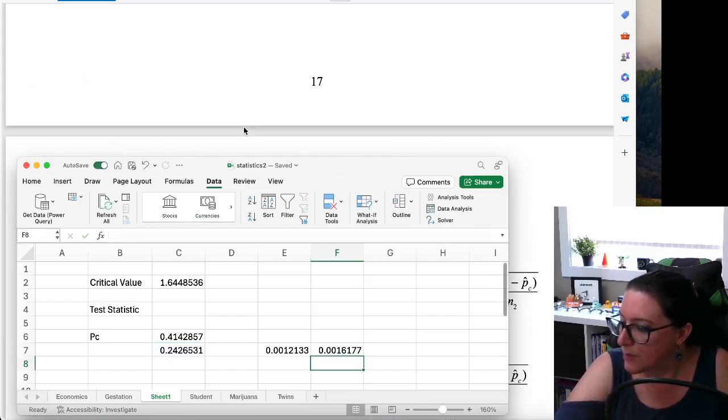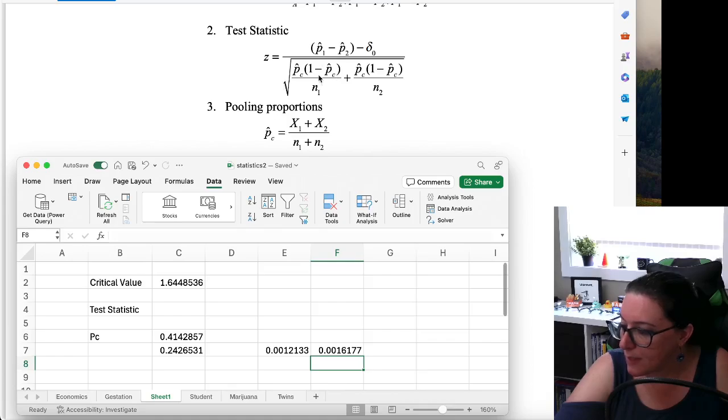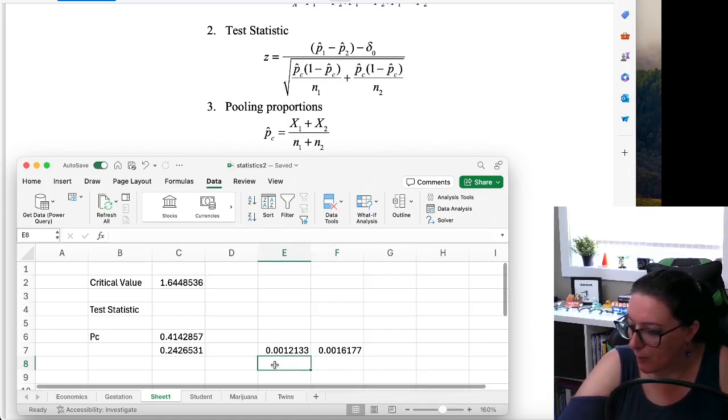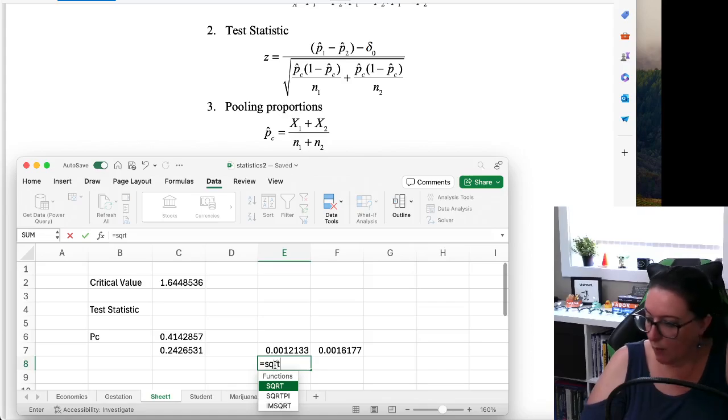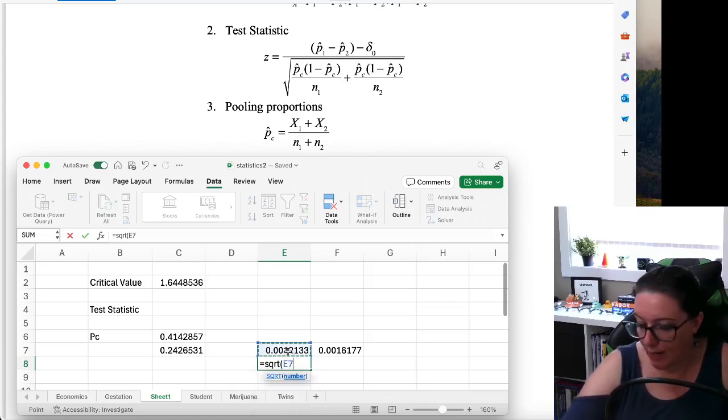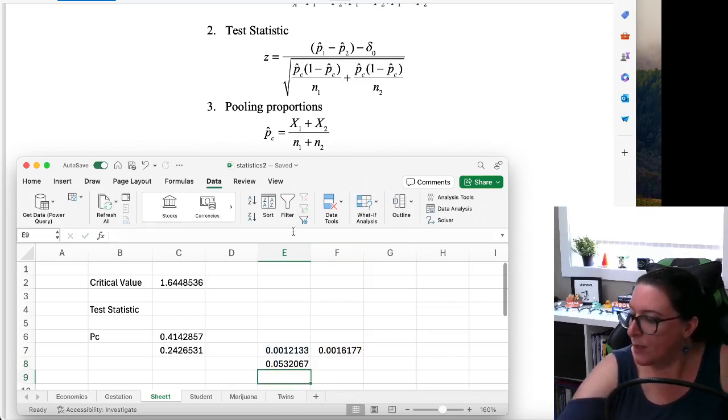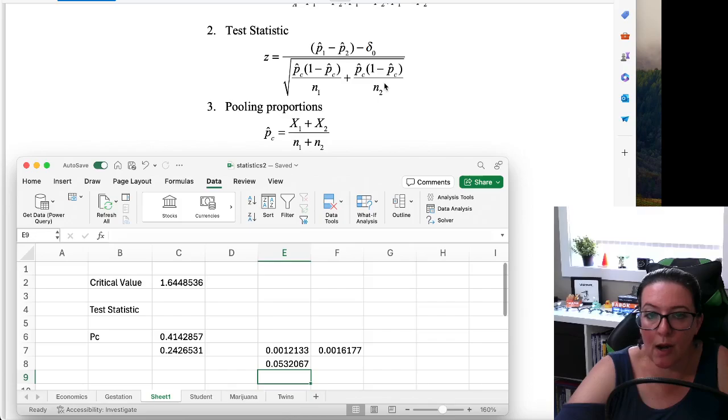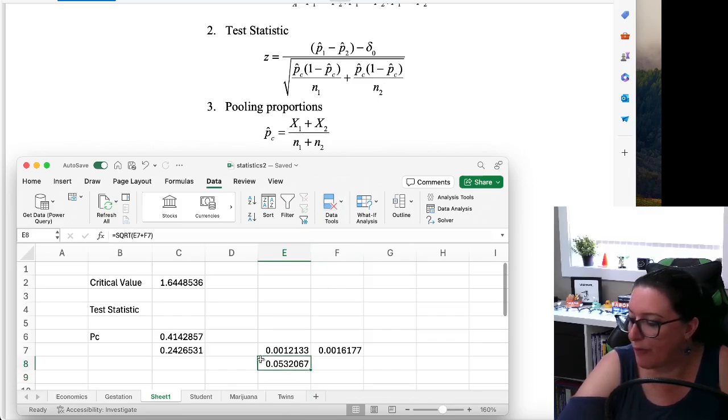Now I have these two bottom pieces, so I'm going to do equals square root, and add those two together. So the bottom here, the standard error, is going to be 0.05.